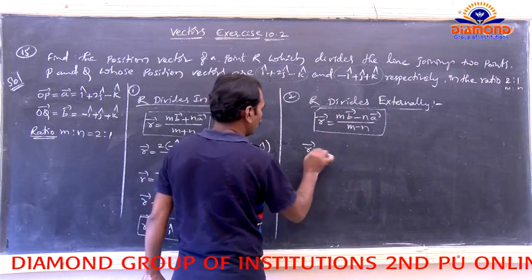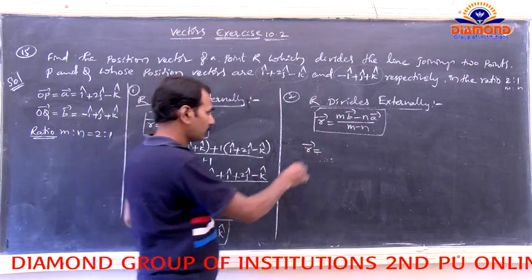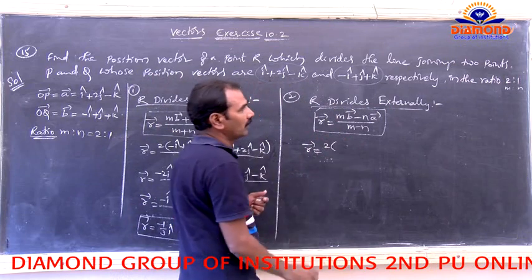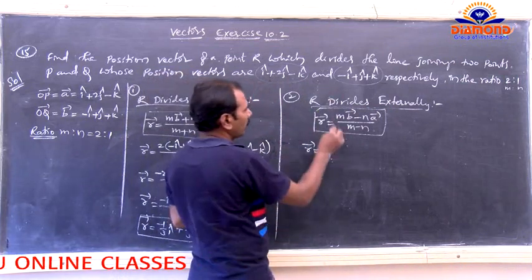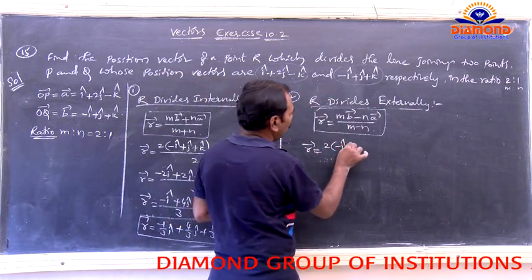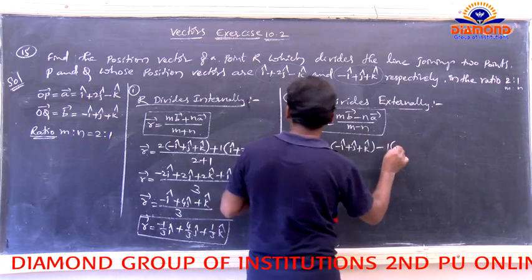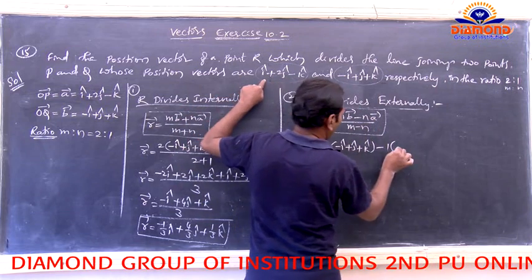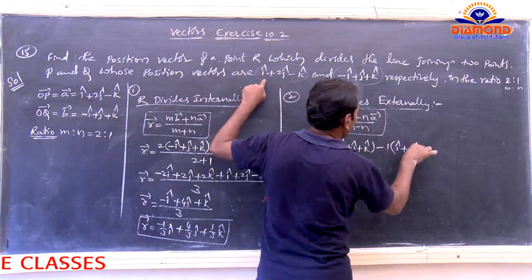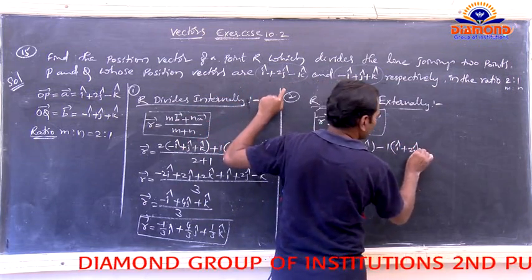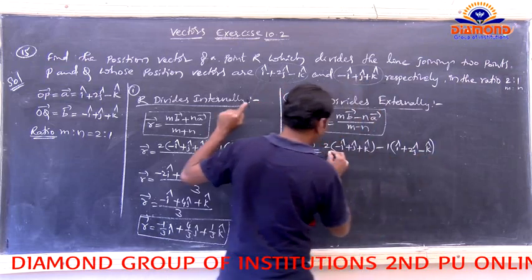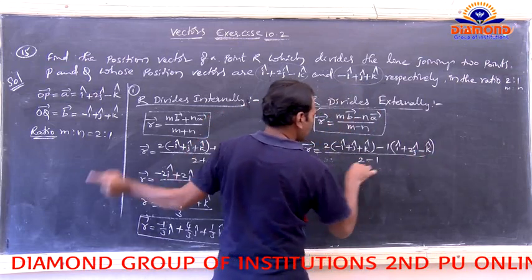R bar equal to m value 2, b bar means minus I cap plus j cap plus k cap, minus 1 into I cap plus 2 j cap minus k cap, divided by 2 minus 1.